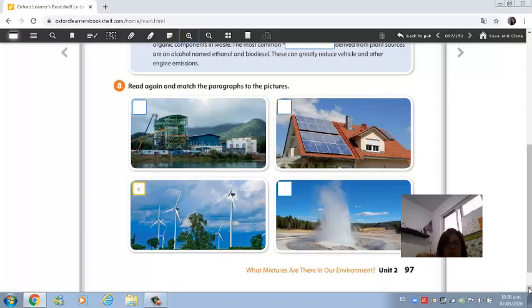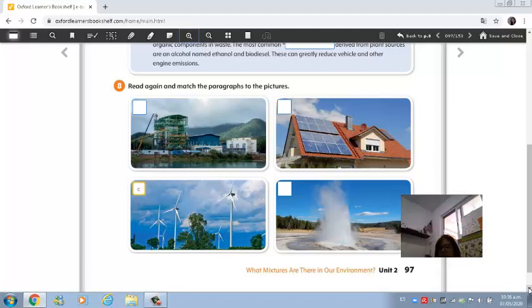And the last one, what do you see right there? Water splashing out. Okay, it's geothermal power, right? Generates electricity. Very good.